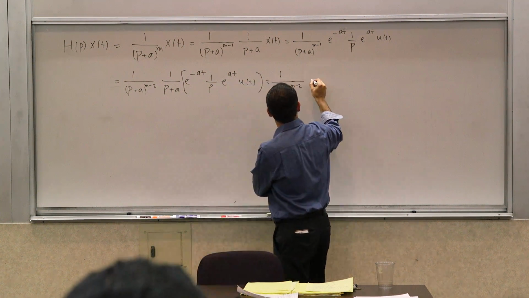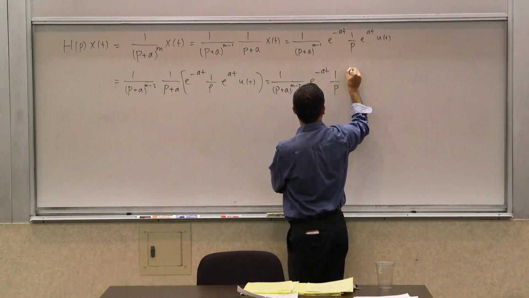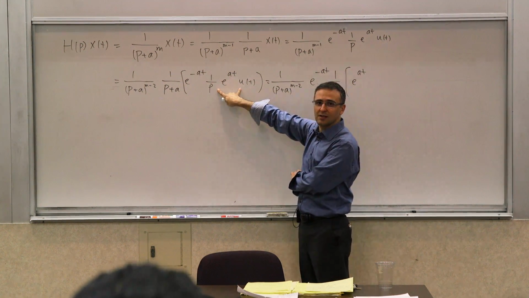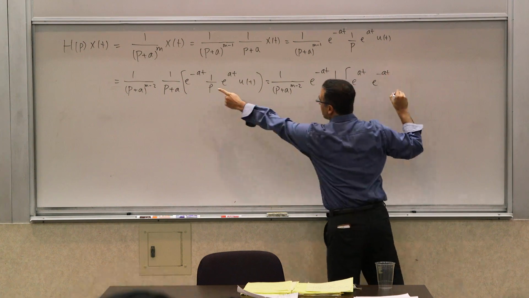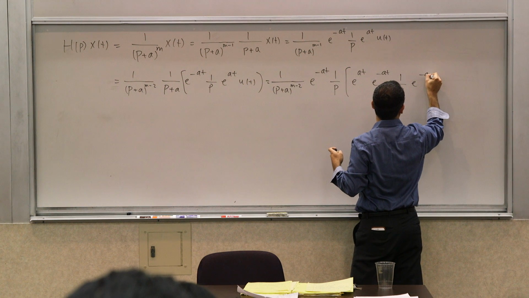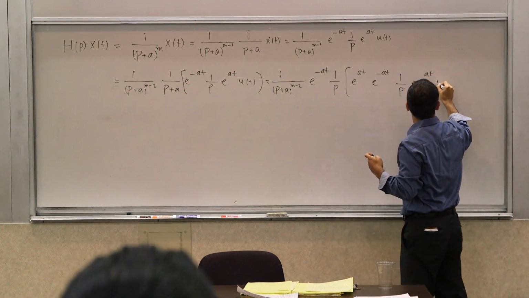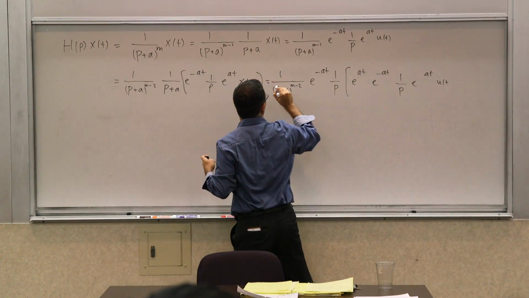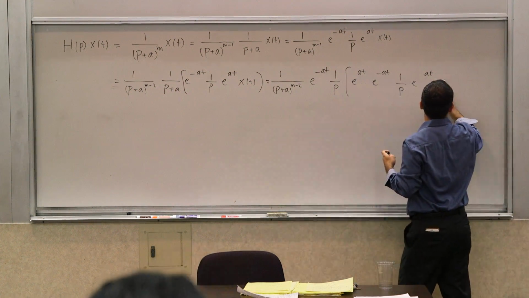I get e to the negative at, 1 over p, e to the at, times this. When I multiply it, I get e to the negative at from here, 1 over p, e to the positive at, x of t. Not u of t, x of t. So this is general, not just for u of t.